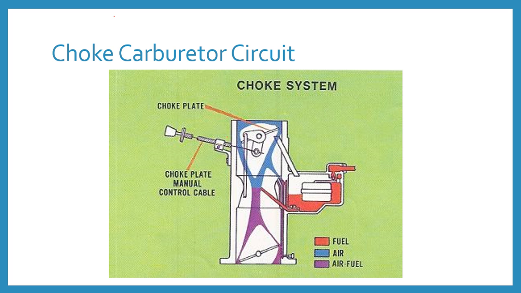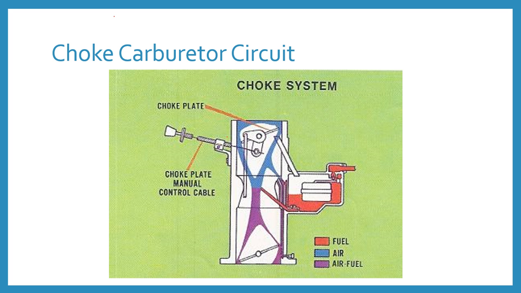When the knob is pulled up, the choke valve is closed, and it restricts the airflow to the venturi.